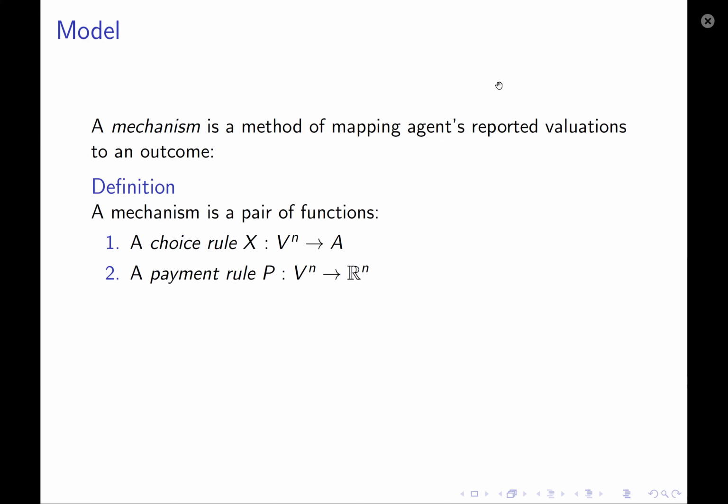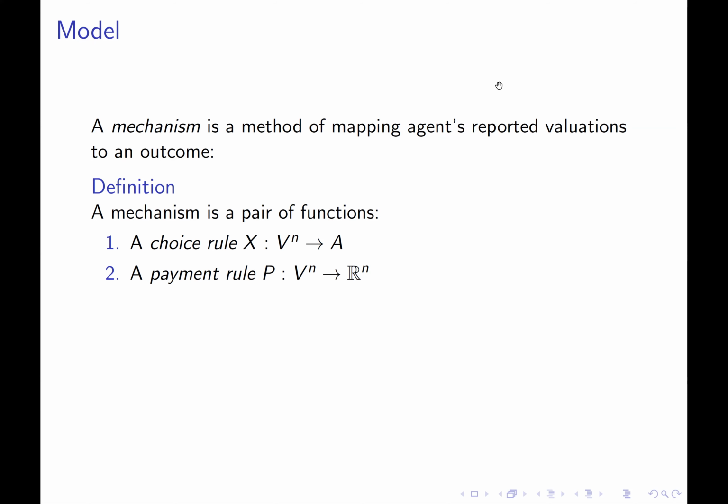Remember, an outcome consists of two things, an alternative and a payment. And so a mechanism itself can be described as a pair of two things. There's a choice rule, which we'll call X, and this is the thing that, as a function of all of the reported valuations, will choose an alternative. And there's also the payment rule.